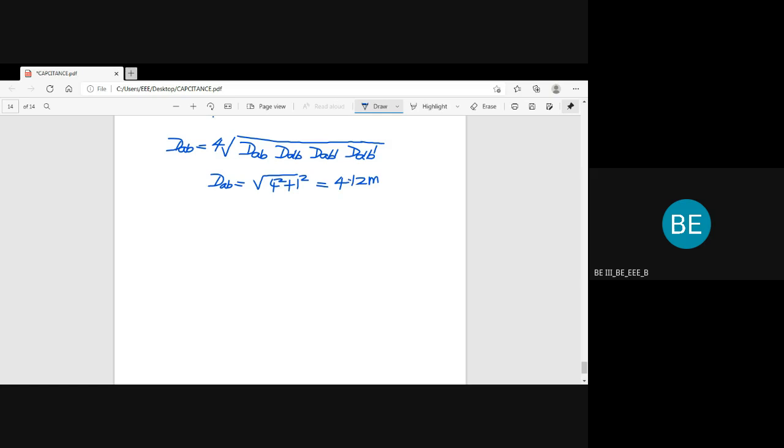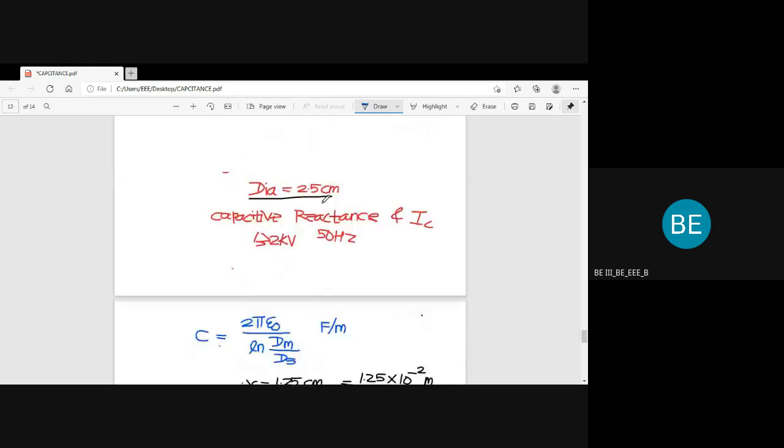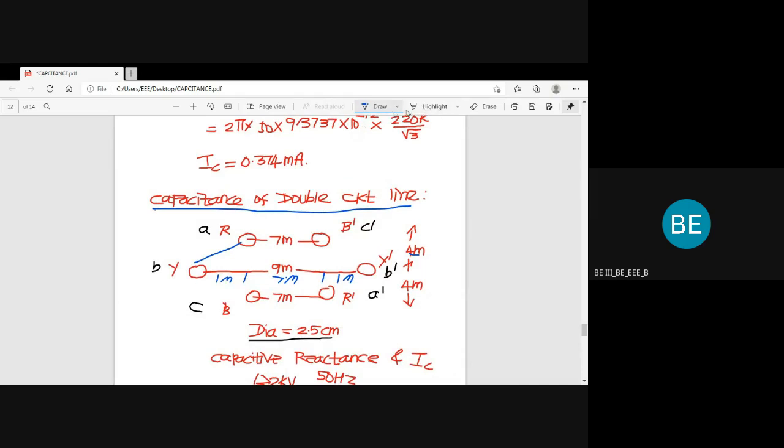So similarly, we have to find DA'B. So just go to the picture and find the distance between A' and B. So A' here, B will be here.